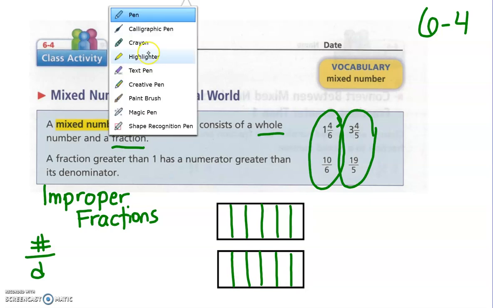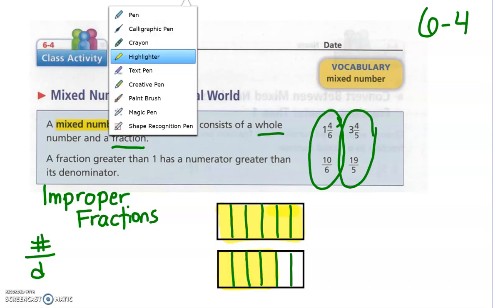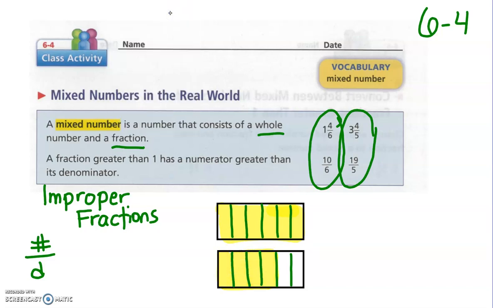I'm going to go ahead and show you with a highlighter what it is that I ate there. So here I've got my 1 full candy bar, and then also the 4/6 that I also ate. So if I were to ask you to label this or tell me what this fraction represented, this fraction represents 1 full and then also 4/6 of your second candy bar.